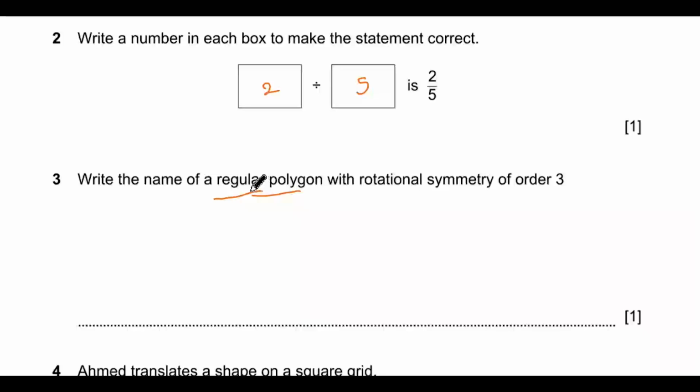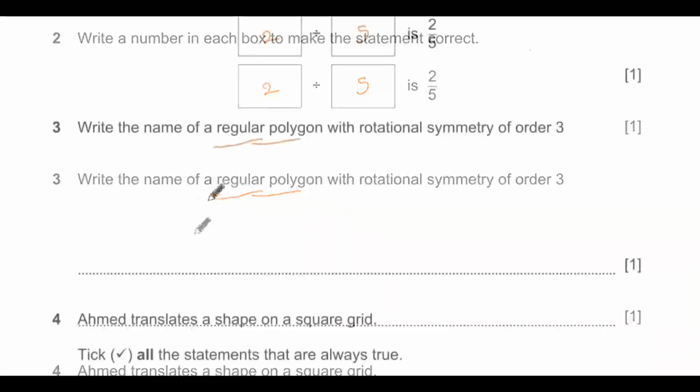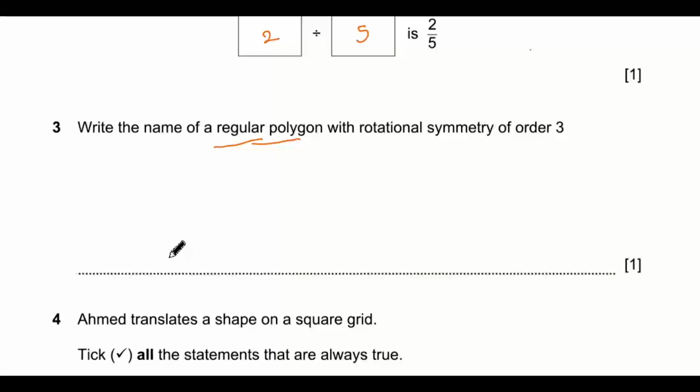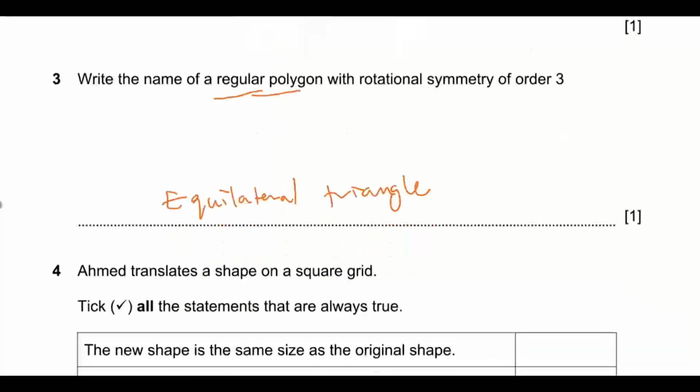A regular polygon that has 3 equal sides is an equilateral triangle. So you can just write the answer here: equilateral triangle. Okay, so let's go to the next question. That will be question 4.